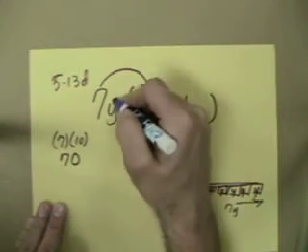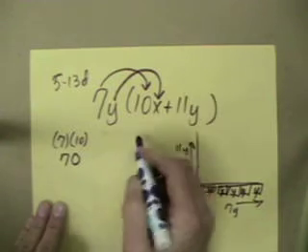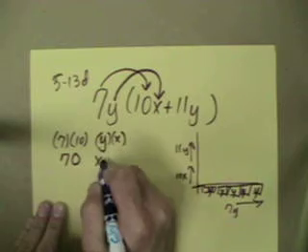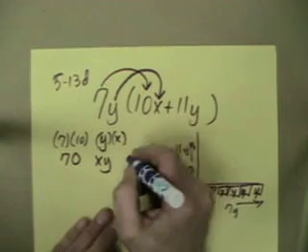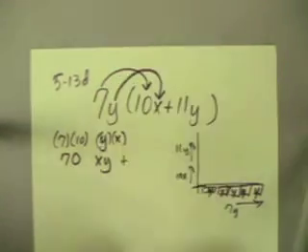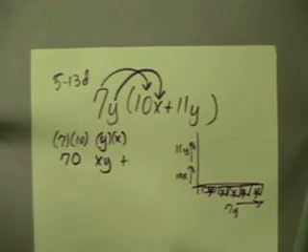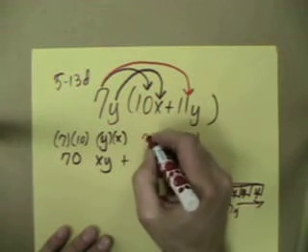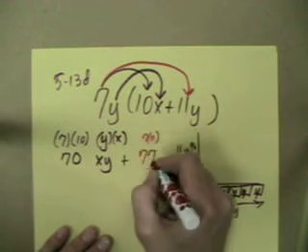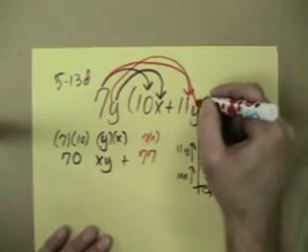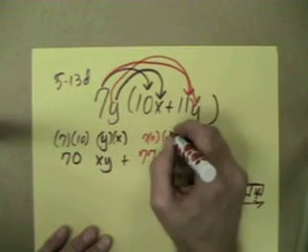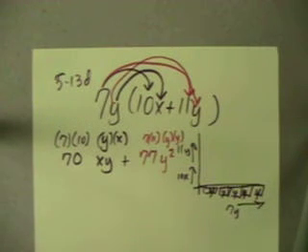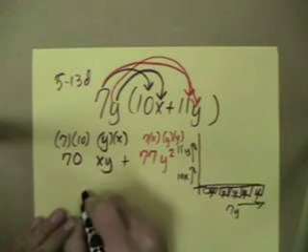Then if I take the letter times the letter, I will get y times x, or in this case that makes xy, plus, now I'm going to do the next one, 7 times 11, and y times y. Y times y is y squared. I will get my answer in a lot shorter without having to do all the tiles.